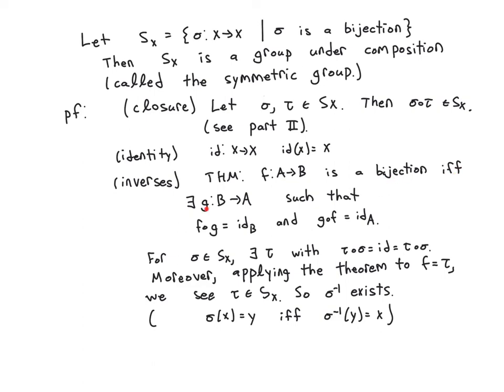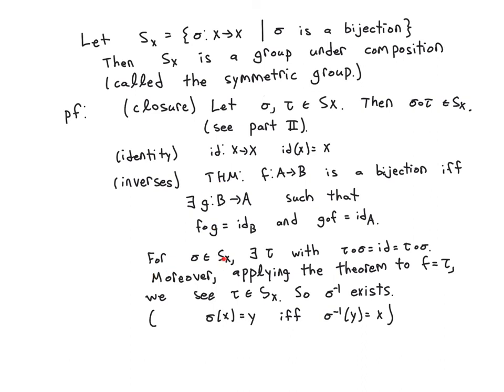That is, there exists a function g from B to A, such that f composed with g is the identity function from B to B, and g composed with f is the identity function from A to A. Note here, the advantage of this identity function is I'm able to state this fact more succinctly. Sometimes we actually write these two properties with a universal quantifier. So this is a theorem that I'll reprove in the next video in case you've forgotten it. But we know it's true.